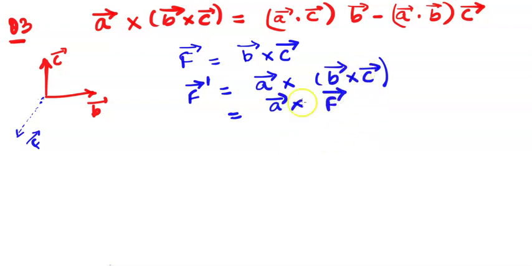Now if you look at this vector, F vector is perpendicular to B and C. So if I'm doing a cross product of something which is perpendicular to the plane of B and C, then this whole vector should lie in the same plane as B and C, right?